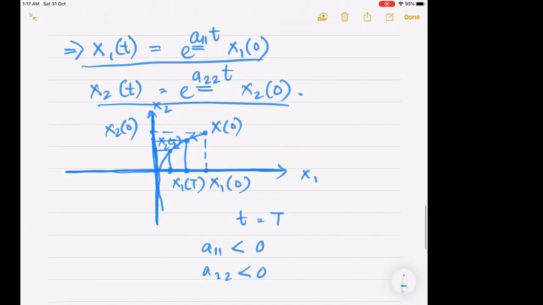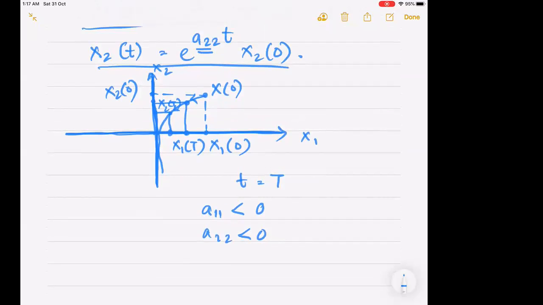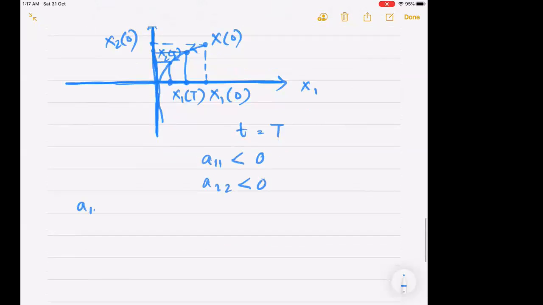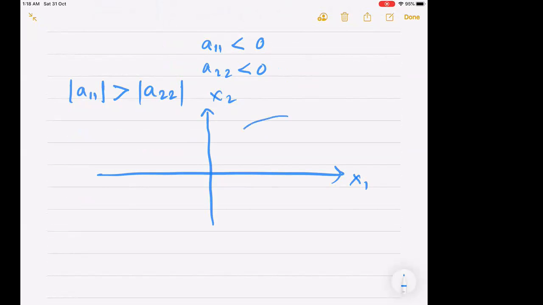In fact, in this scenario, if it so happens that the dynamics in the x1 direction is faster than the dynamics in the other direction, which means the magnitude of a11 is bigger than the magnitude of a22, in that scenario the whole solution is going to look like this in the x1, x2 plane, since x1 is faster.